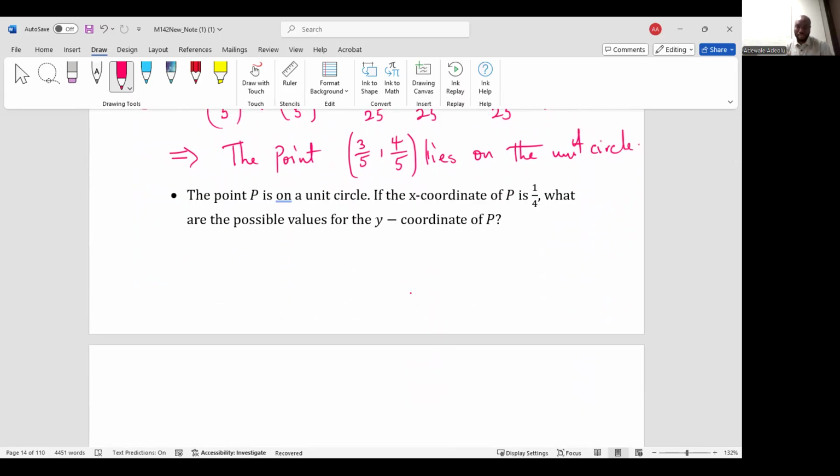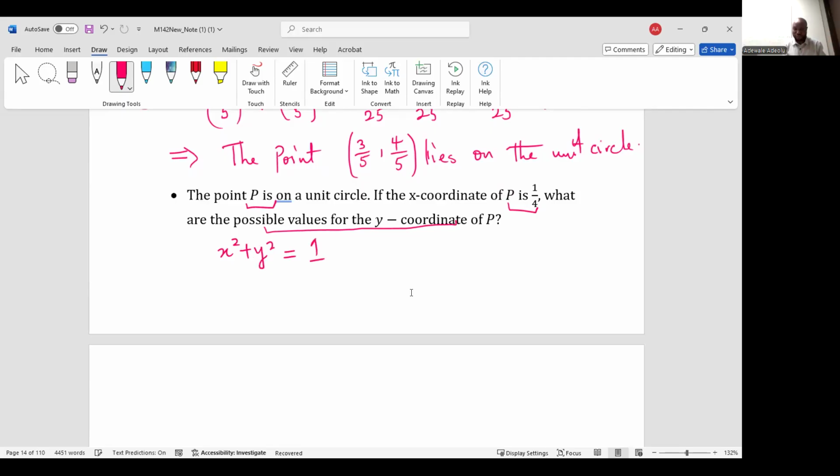The point P is on the unit circle. We have been told that the point P is on the unit circle. If the x coordinate of P is 1/4, what are the possible values of y coordinates? Since that point P is on the unit circle, we know that x squared plus y squared is 1.